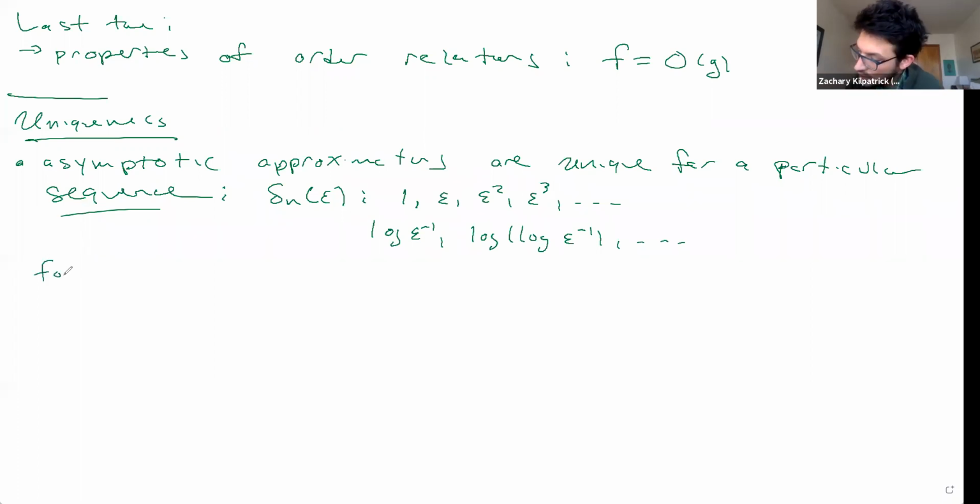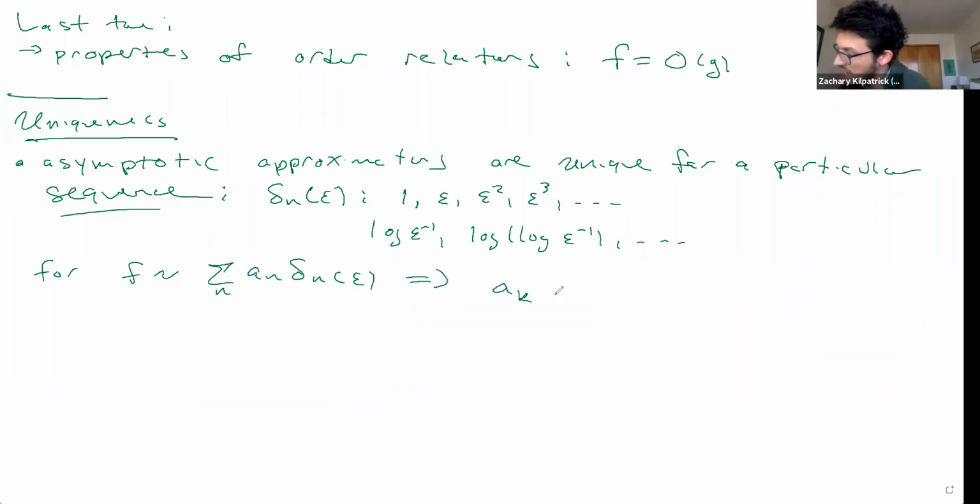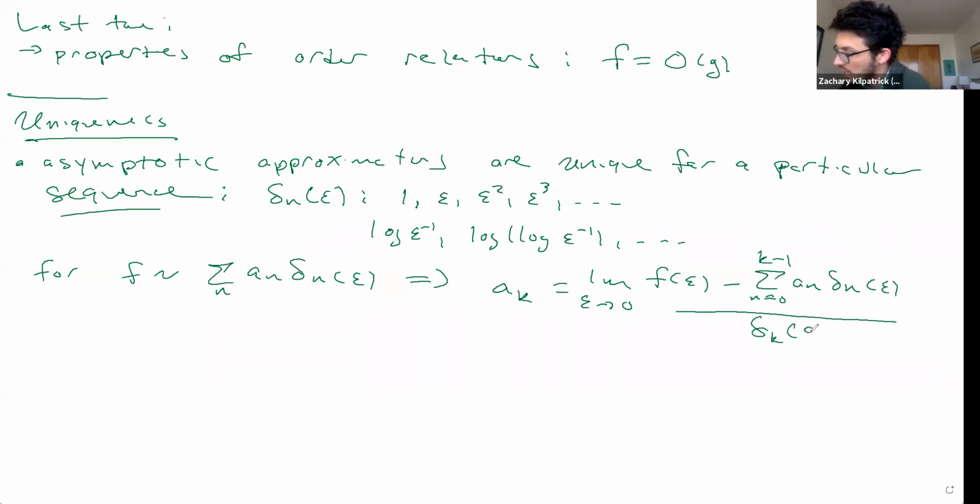In general, for f asymptotically approximated by the sum of a n delta n of epsilon, we can obtain the coefficient a k if we take the limit as epsilon goes to 0 of f of epsilon minus the sum from n equals 0 up to k minus 1 of a n delta n of epsilon, divided by delta k of epsilon.